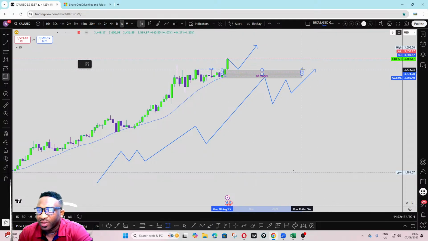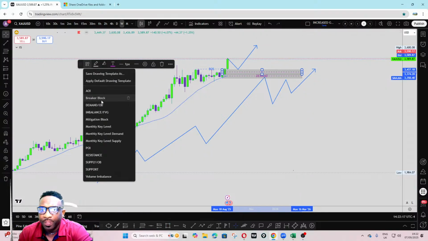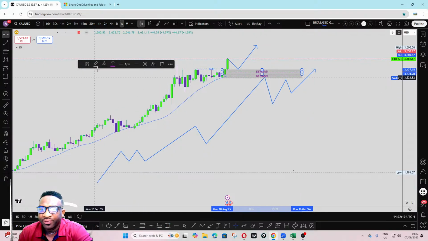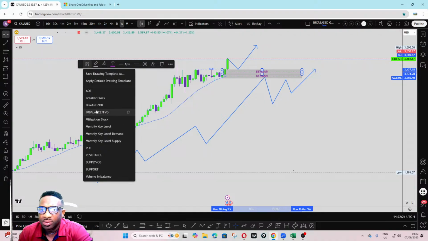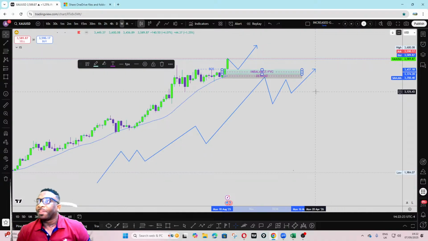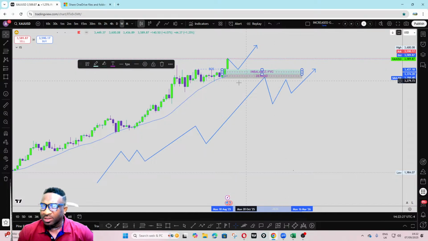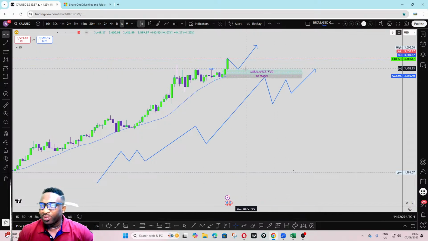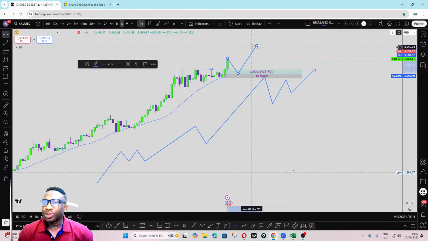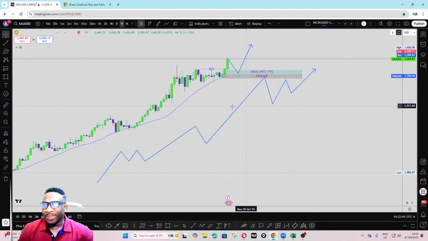So we have an imbalance demand zone right here on the weekly time frame, so we expect price to come back, fill this imbalance, and then continue its push up. Right, so this is on the weekly time frame.